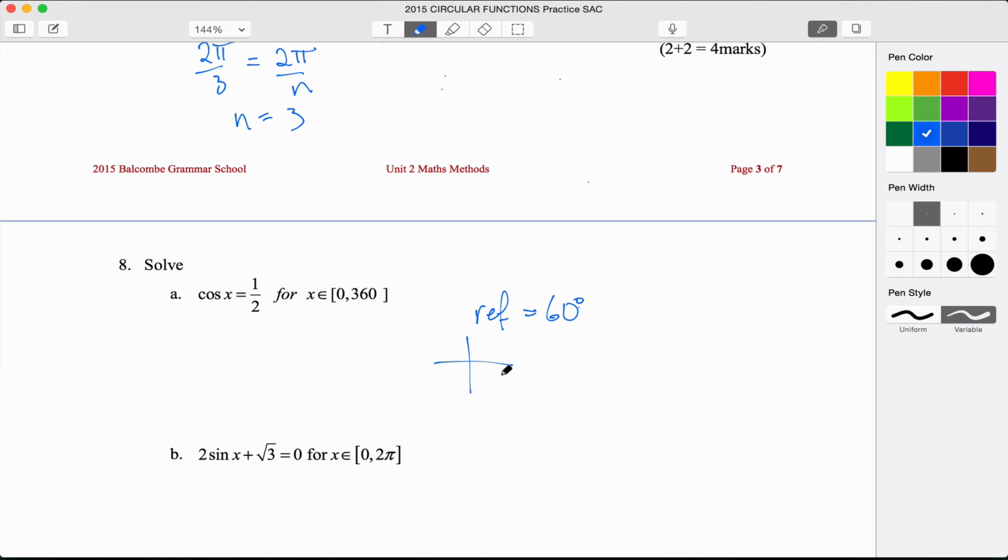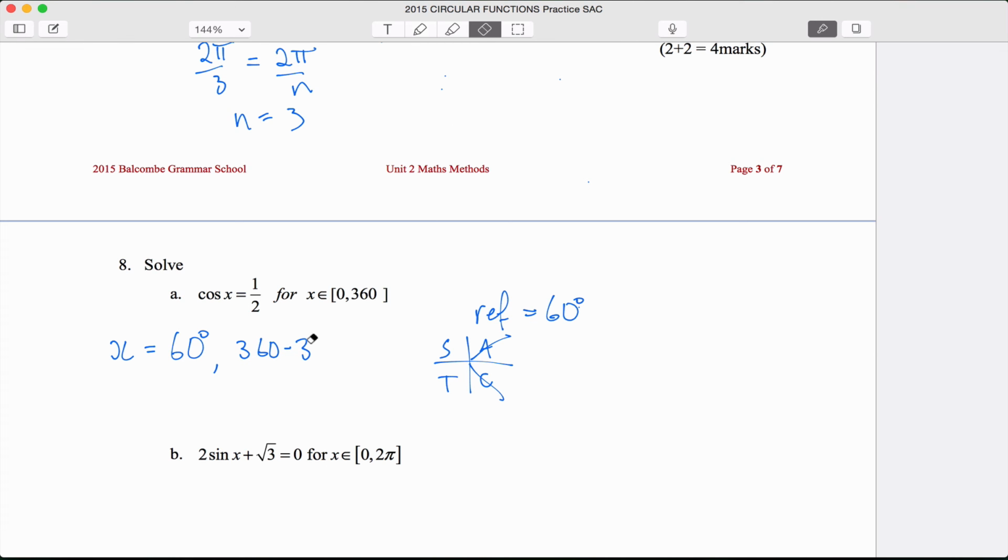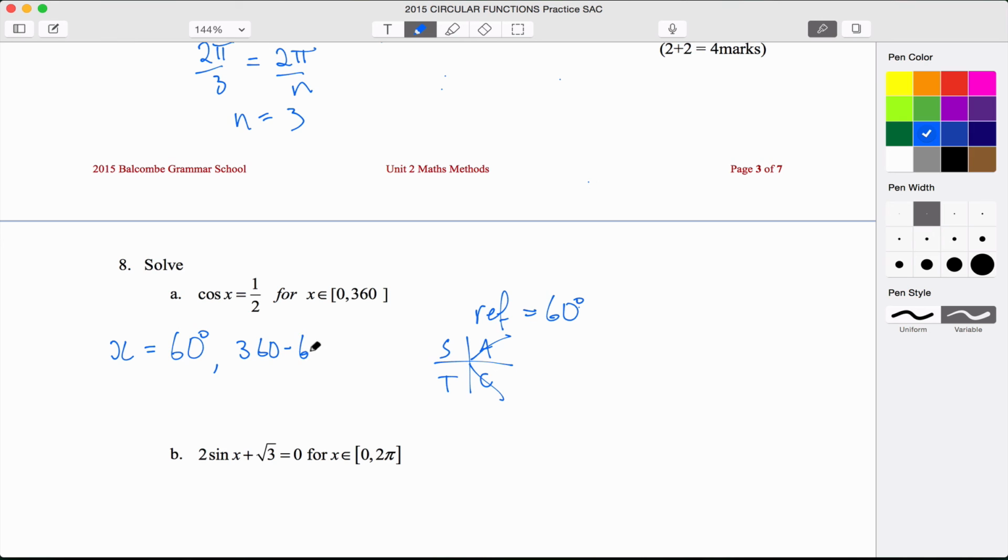Draw our unit circle, and cos is positive here and here. So x equals 60 degrees, because this will be 60, and this one here will be 360 take away 60, which equals 300 degrees.